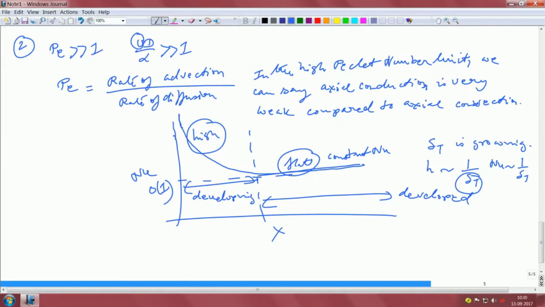So, there are three things that we achieved. We reduced the energy equation. We saw that in that limit Nusselt number is of the order 1. And this analysis is only valid for high enough Peclet number. If Peclet number is low, then you cannot apply this particular limit anymore.